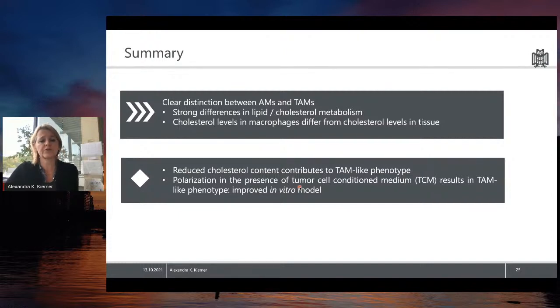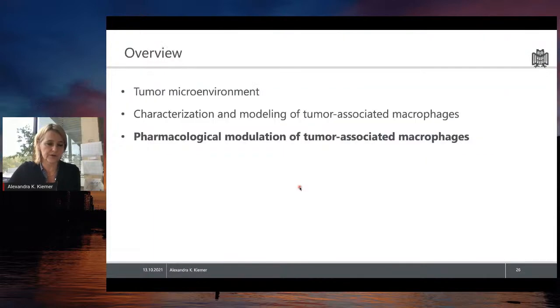The reduced cholesterol content contributes to the TAM-like phenotype, and we could reproduce much of what we've seen in these ex vivo macrophages in this TAM-like in vitro model, which we are now further characterizing.